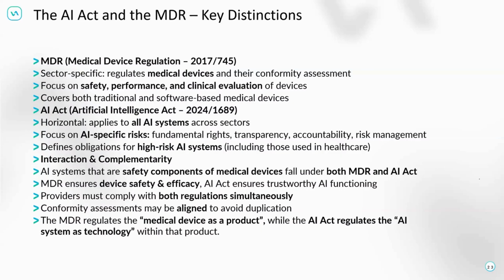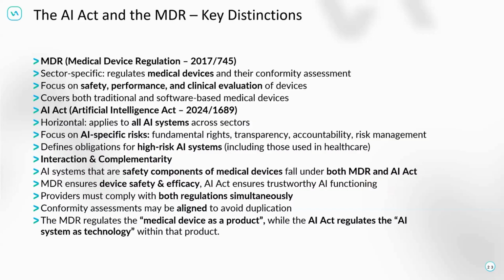So that's the short description of how we can regulate it and how we can organize it, and that's a very important step. We need to go with the components of the AI, the safety components of the medical devices, which can be done in the AI Act. And the very important step is the ones on the lower bottom. Those are the relevant ones: the MDR leads for device safety and efficacy, whilst the AI Act focuses on trustworthiness, which means more visualization or more transparency towards the user.